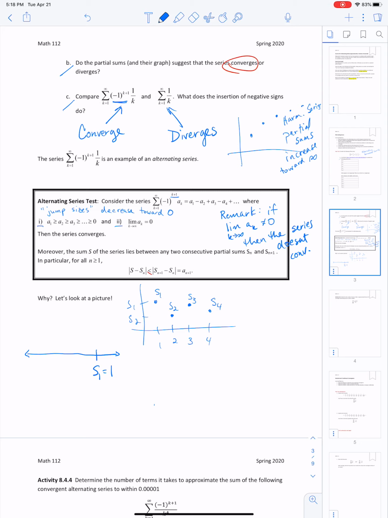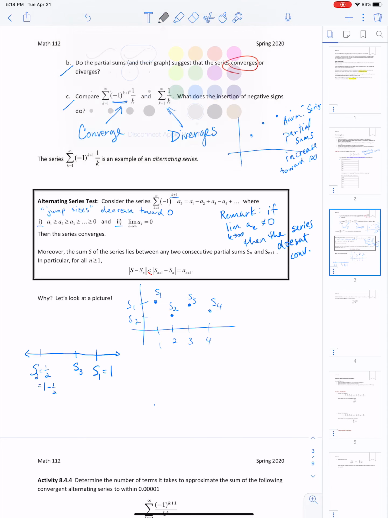Suppose S1 is 1, S2 is 1/2, because it's 1 minus 1/2. And S3 is right here, so it's 1 minus 1/2 plus 1/3, and so on.